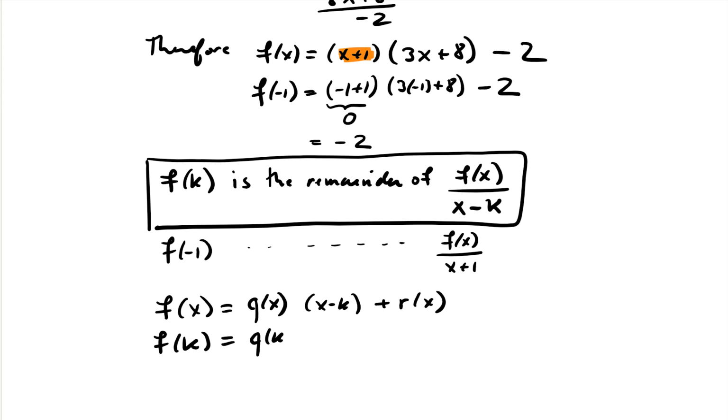It's going to be q of k times 0, because k minus k is 0, plus r. Now the remainder, I wrote r of x, but I could just write r because it's going to be a constant, since it has a degree lower than x minus k, and the only way for that to happen is if it's a constant. So this expression is just equal to r. So f of k is r, which is the remainder.